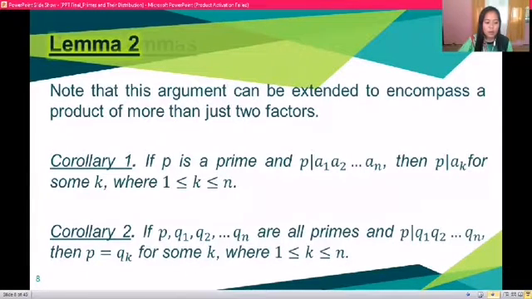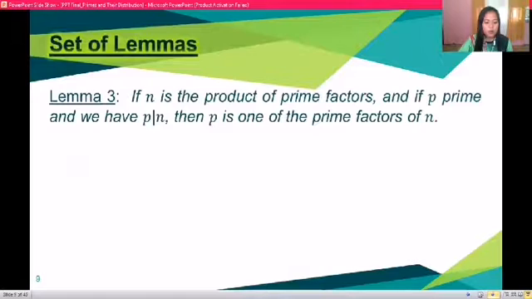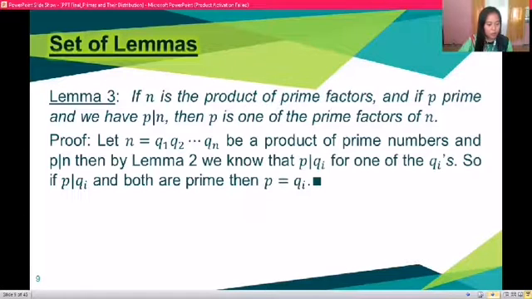Next is lemma 3. If n is the product of prime factors and if p is prime and p divides n, then p is one of the prime factors of n. The proof: let n equal q sub 1 times q sub 2 times q sub n be a product of prime numbers and p divides n.